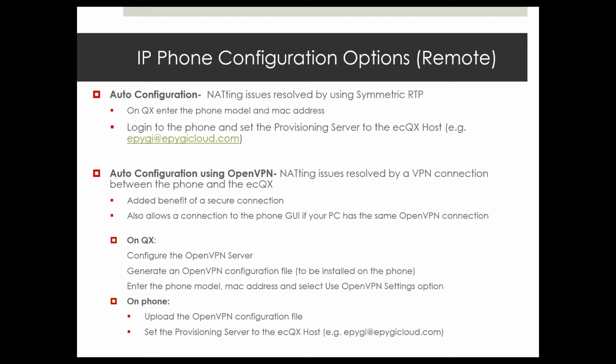There's also auto configuration, where you specifically select an IP line in the system along with the extension assigned to it, and then you specify the phone model and vendor, and enter the MAC address to the IP line. Then you connect the phone, and it will be assigned to the IP line that you configured it to.